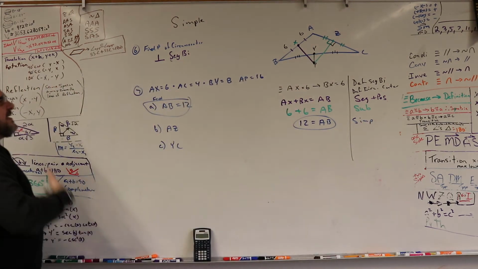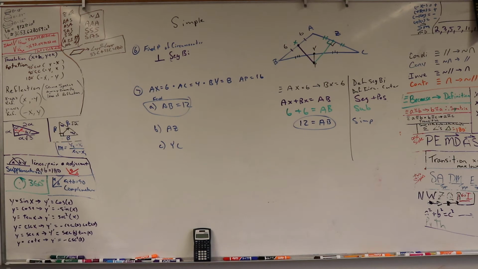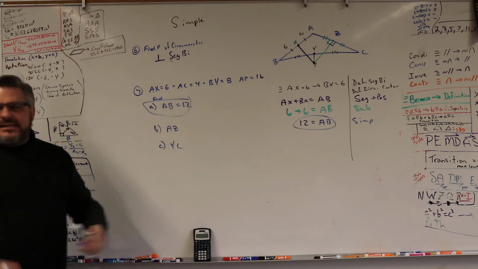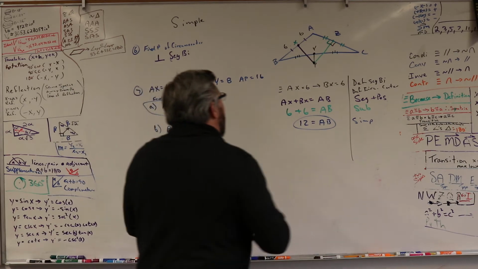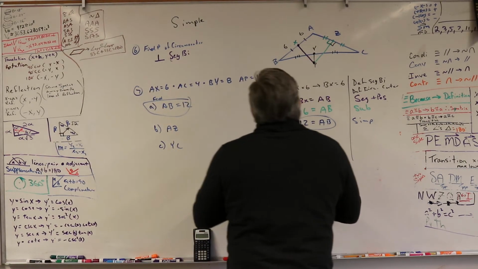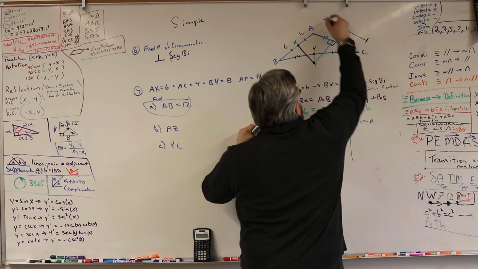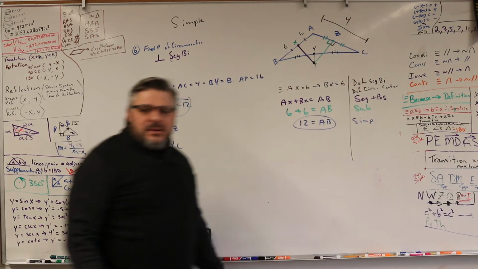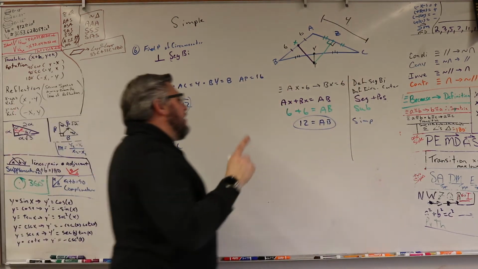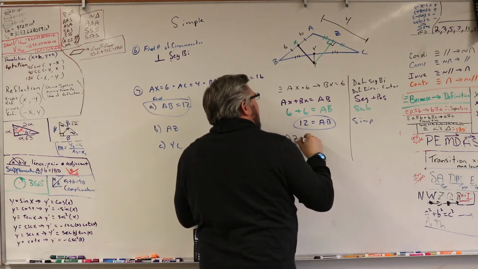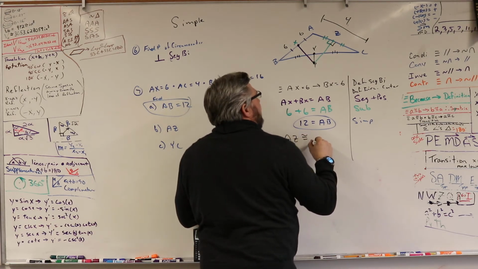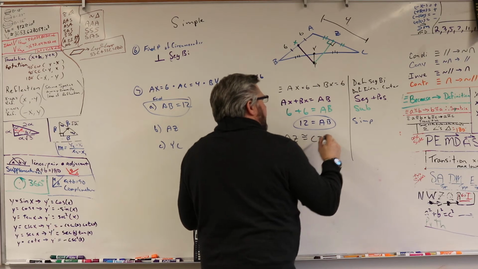Well, what about AZ? Do they give us anything? They do give us something. They tell us that AC is equal to 4. Well, let's think about that. AC is from here to here, and that's 4. Well, I know that AZ is congruent to CZ, right?